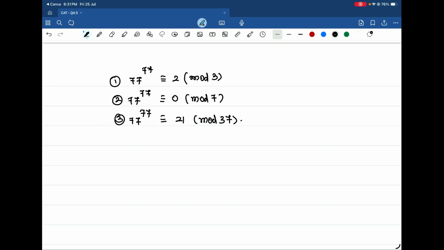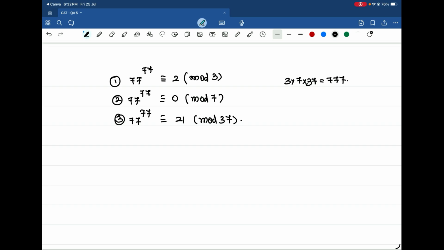We have to combine all these three. How to combine them? Because of this mod 3, mod 7, mod 37, these 3 into 7 into 37 is 777.